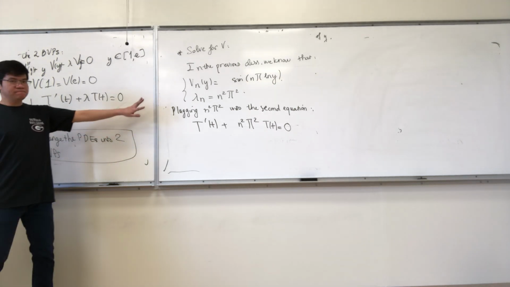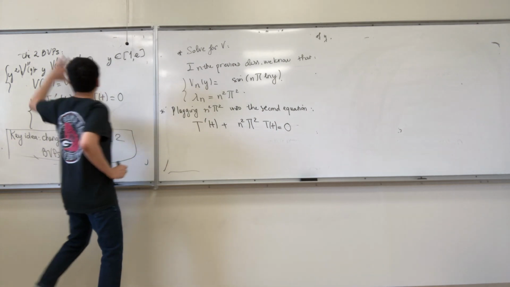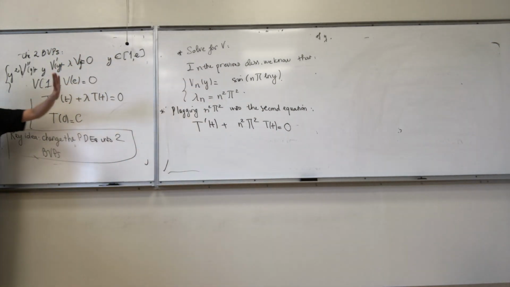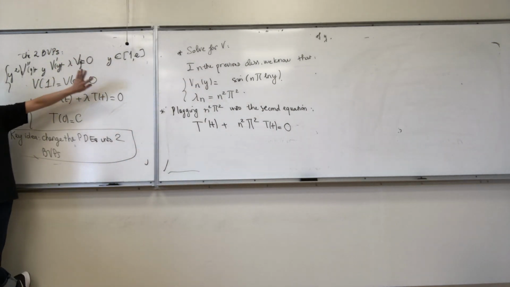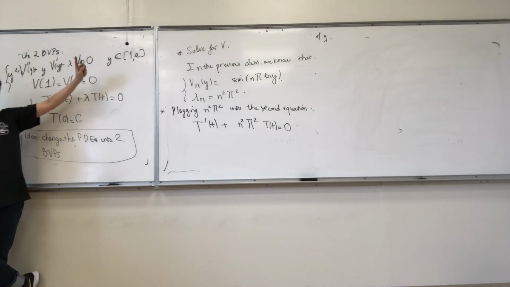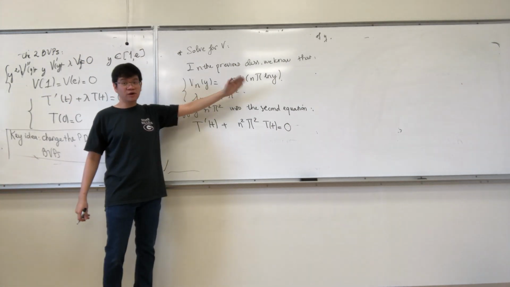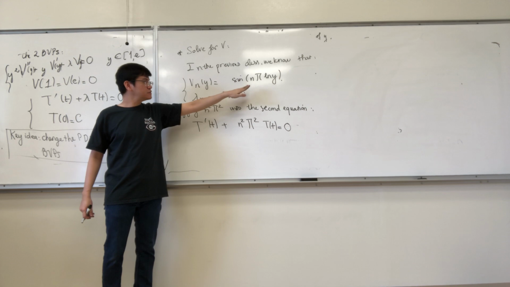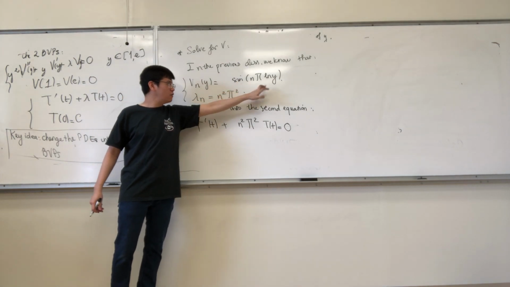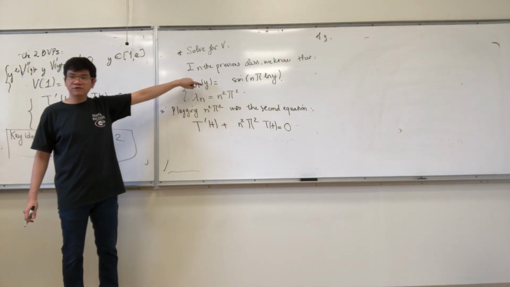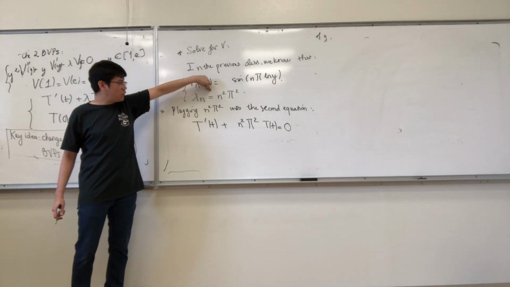So I explain again. The first equation is solved already. For the first equation, you have eigenfunctions of the form sine of n pi log y, and the eigenvalues will be n squared pi squared.